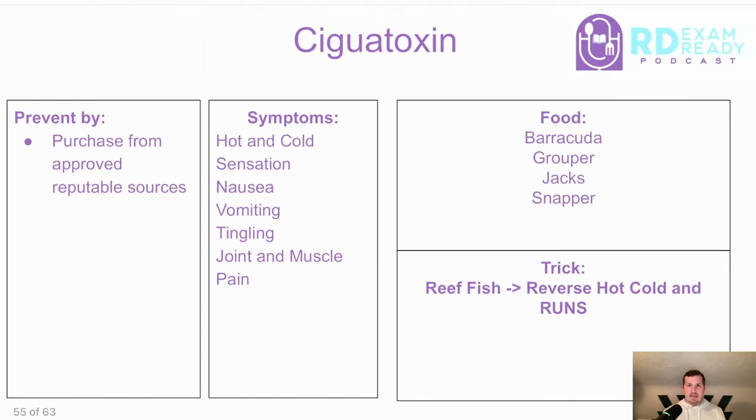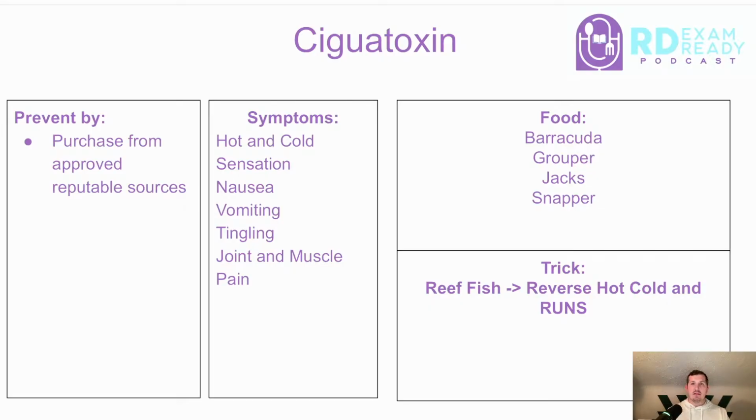Nice. Next one is Shiga toxin. That's what I always call it there. Shiga toxin is prevented by purchasing from approved and reputable sources. Shiga toxin is one of those toxins that is going to be found in some marine algae. Okay, so within algae in the ocean, basically the little fishies eat the algae.